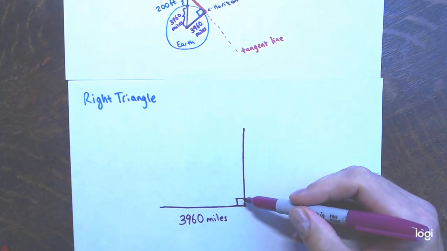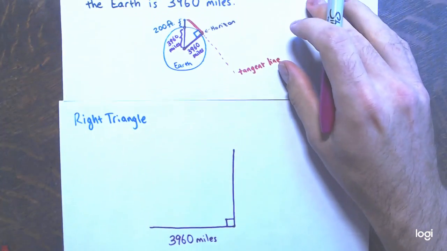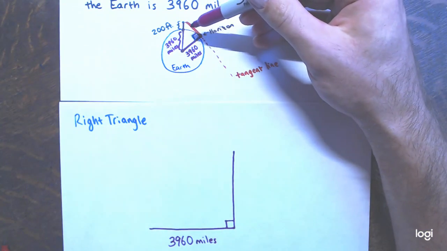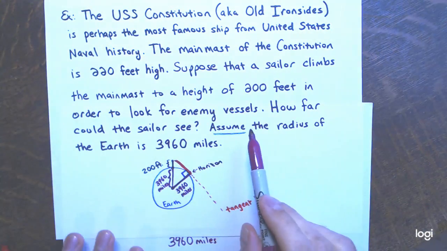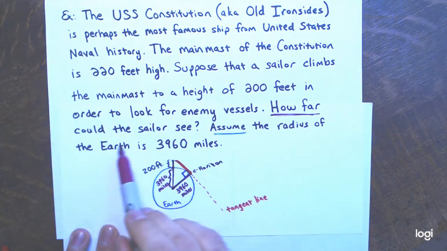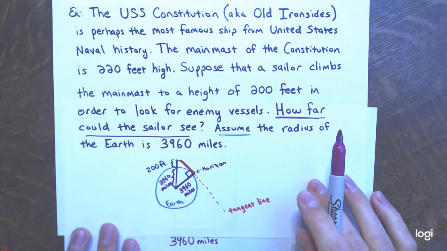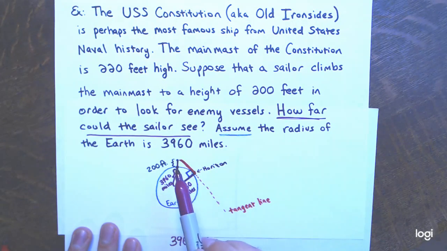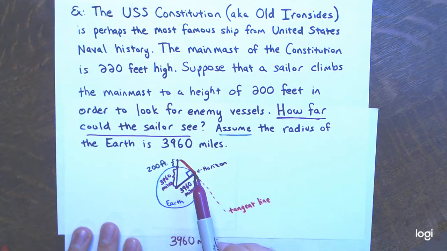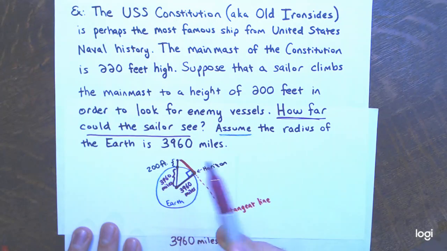The other leg was basically the answer to the question. The question was, how far could the sailor see out to the horizon? What's the furthest he could see out? So from the sailor to this point here at the horizon, that's how far the sailor can see.